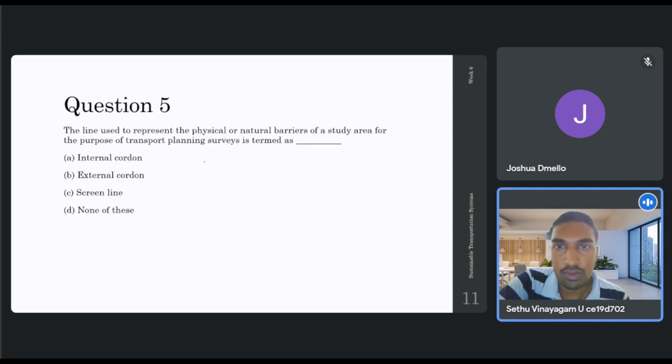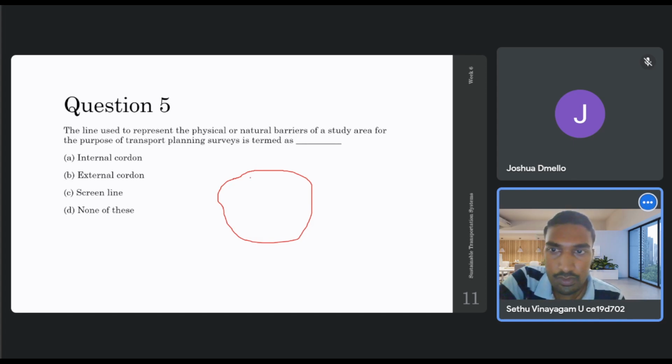Okay, so basically, if you look at it, in a transport planning survey, we'll basically have a study area, right? So suppose this polygon represents the study area, then we'll have two types of lines, because we cannot collect data for this whole region as a whole.